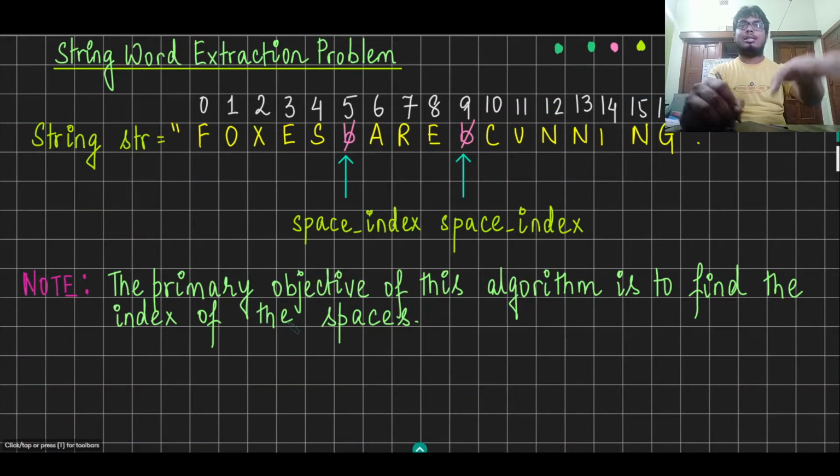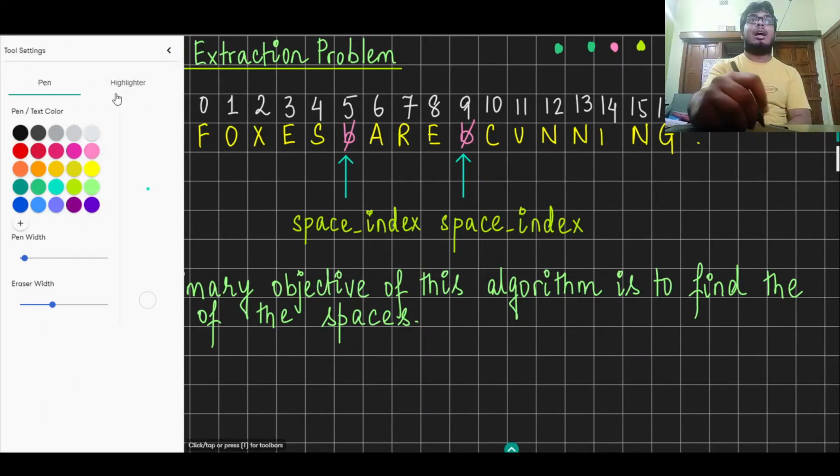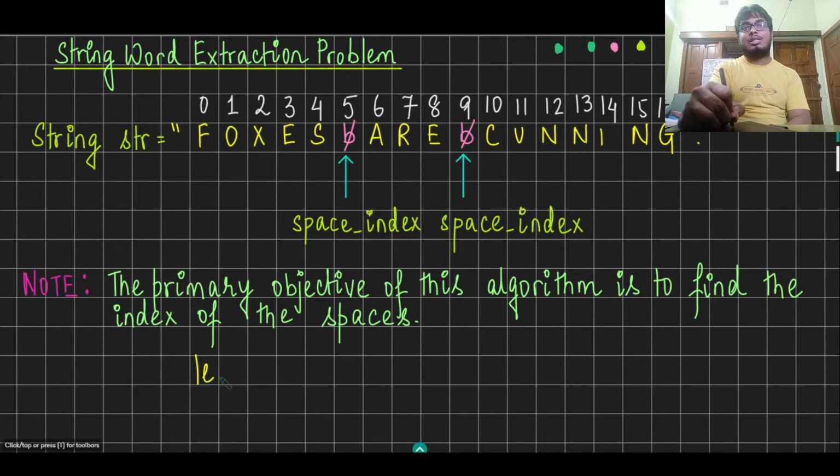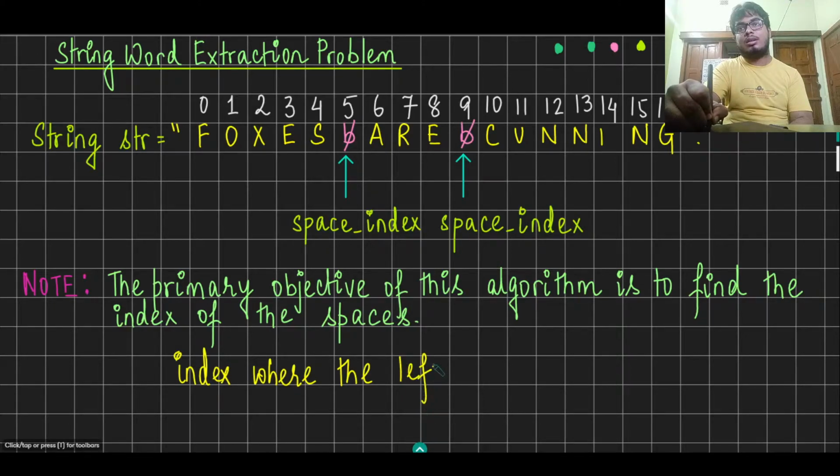So this slide highlights that point that I just said, that the objective of this particular extraction problem is to identify the space index first, and then from there figure out the index where the left word ends and the index where the right word starts.